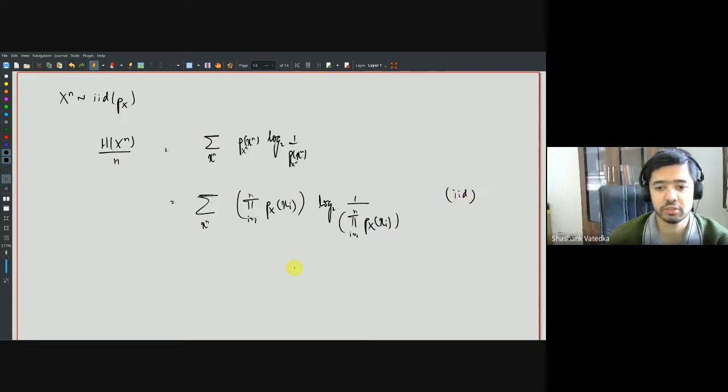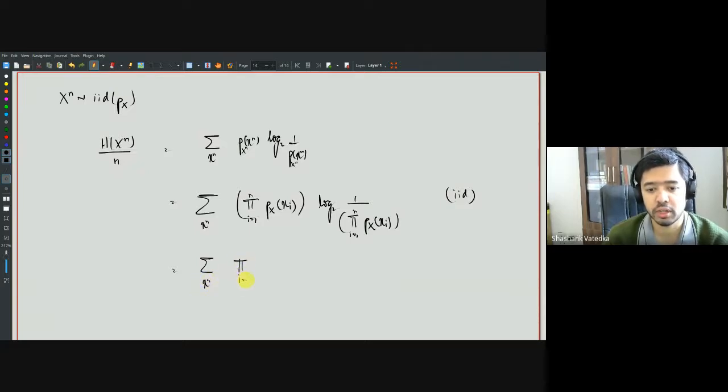By definition of an IID sequence, the joint probability is just equal to the product of the marginals. So this is the summation over all possible xn, product i equal to 1 through n, Px of xi. But then I can split this.